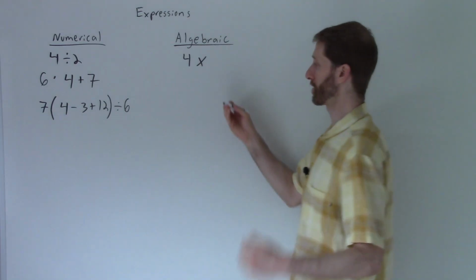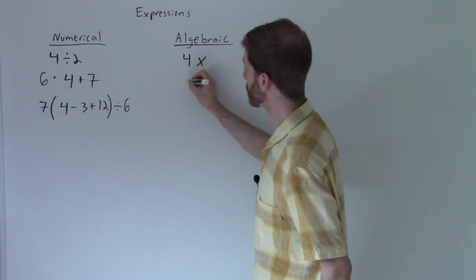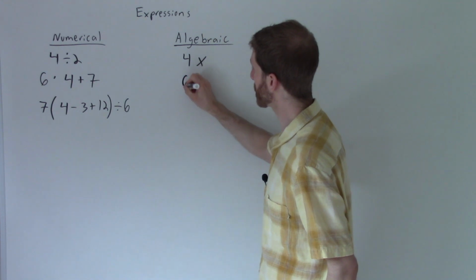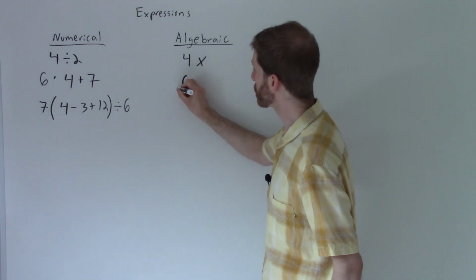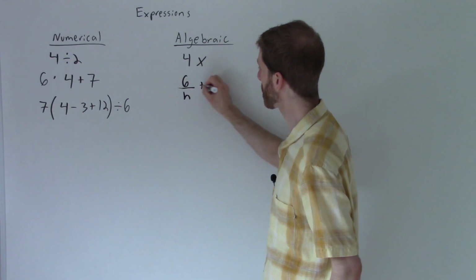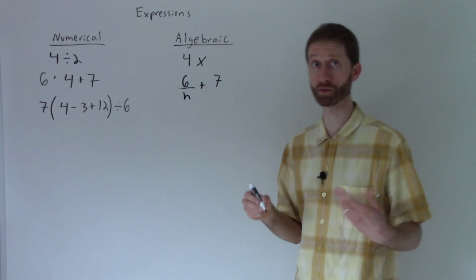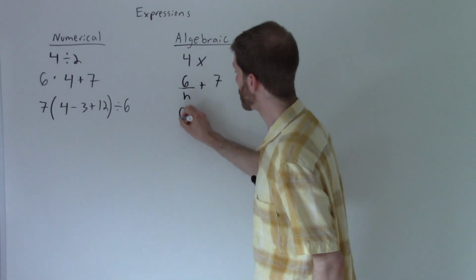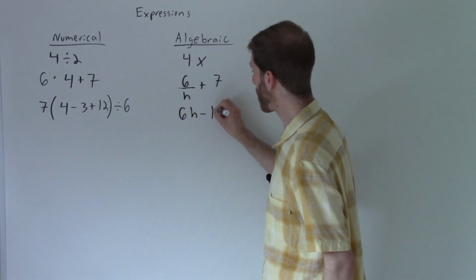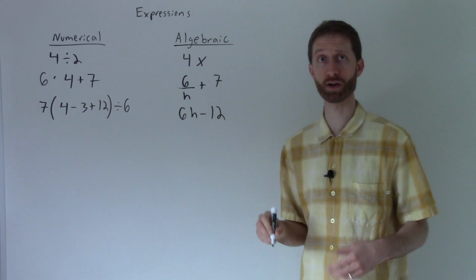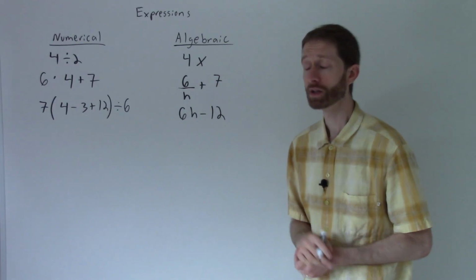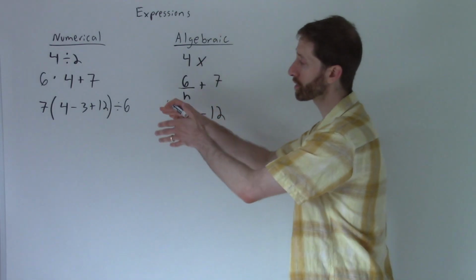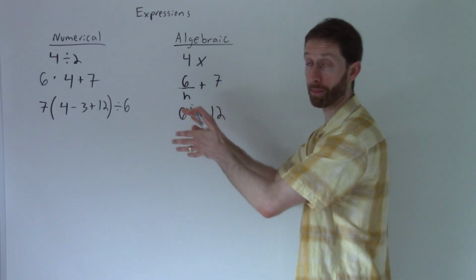Now, there are other algebraic expressions with other letters. You could have, I don't know, 6 divided by h. So 6 over h plus 7. That would be an algebraic expression just because that h is involved. You could have 6h minus 12. That would be an algebraic expression. Any number of letters will work. So, numerical expression, again, just numbers with operations.